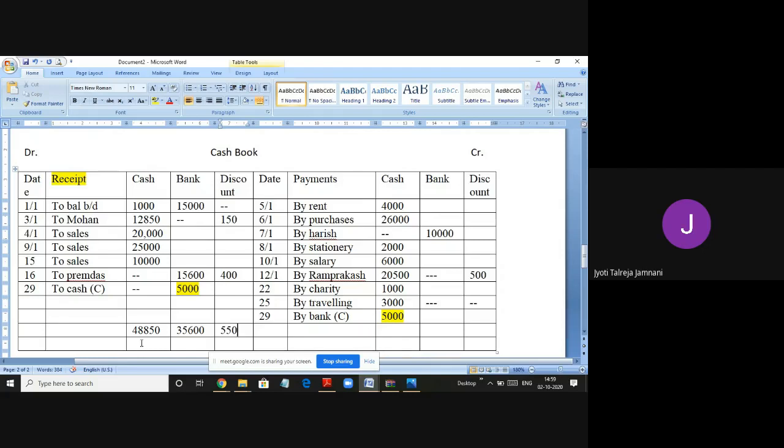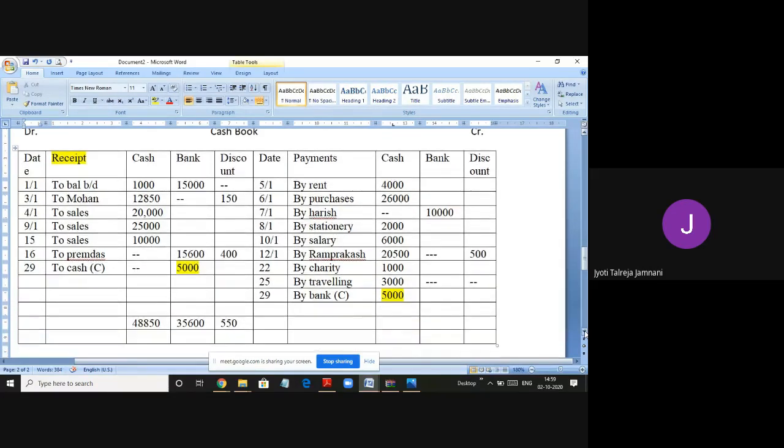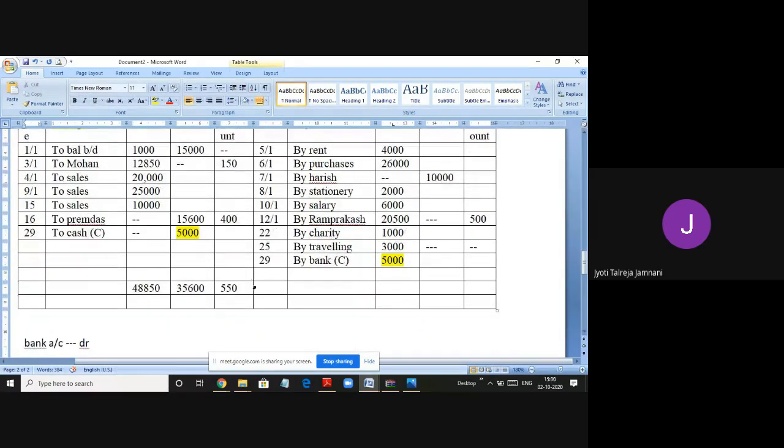Okay, so same total we will enter it on the other end. I should have entered it a little below because we need to write the balance as well. So let's just take it the same total, you take it on the other side. 48,850, 35,600, and here the total is 550.